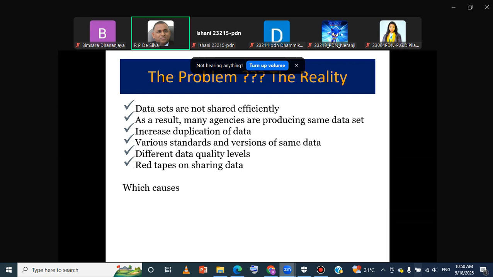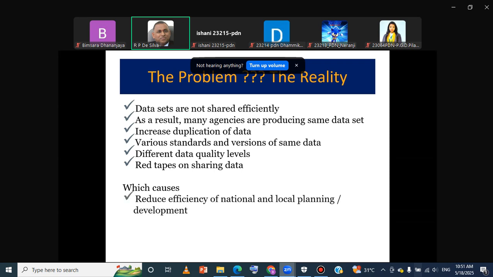If you want to get some work done, there's no standard procedure, there's no standard time. There are no standard mechanisms to provide or process the requirement. So that's another issue. Bureaucratic stumbling blocks need to be removed. Red tapes need to be removed.